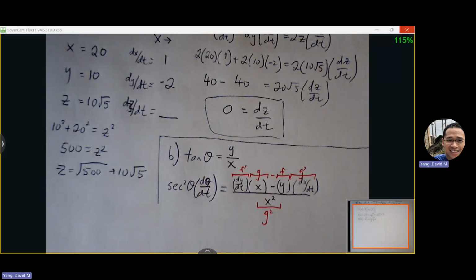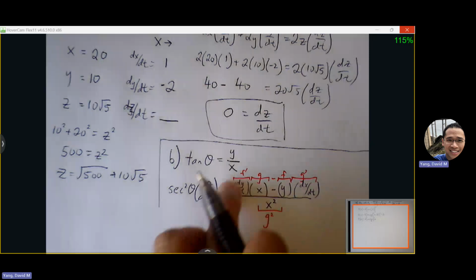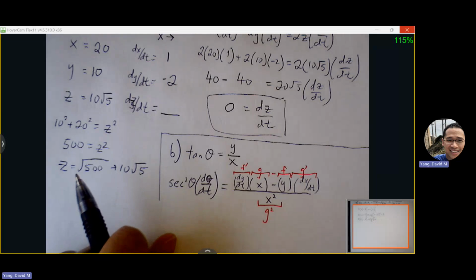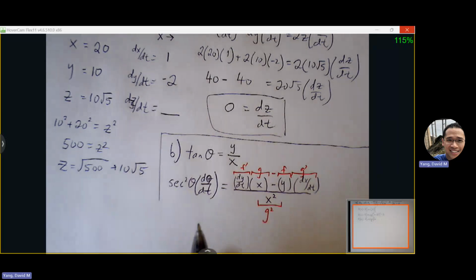Okay, f prime g minus f g prime all over g squared. We have everything that we need from part A. But what's different about trig-related rates is we're going to have to build a second triangle to find the full replacement for that secant theta, or secant theta squared.